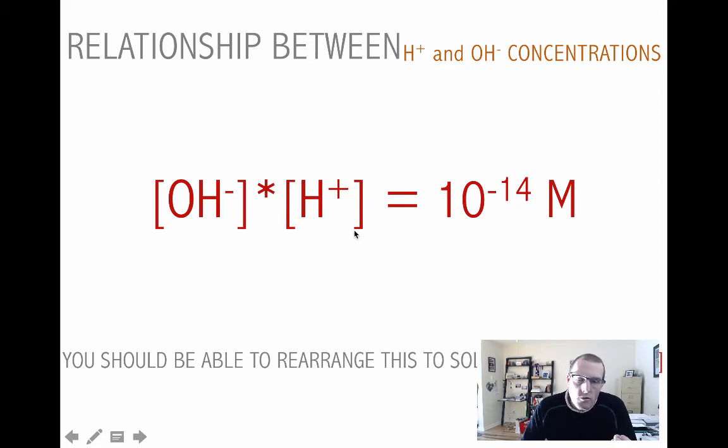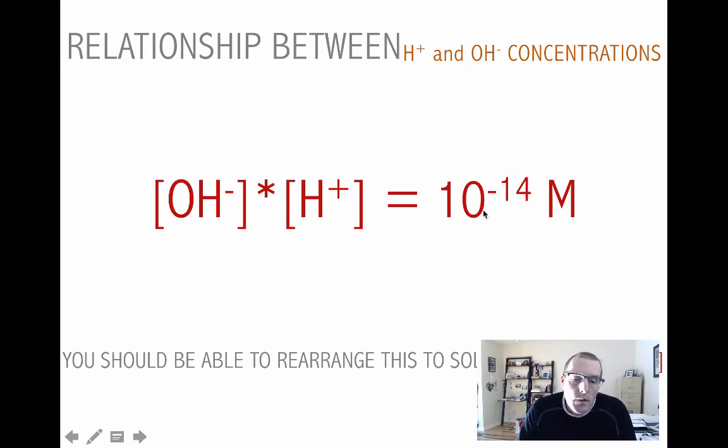If the proton concentration must be 10 to the minus 7 in pure water, and for every single proton you have a hydroxide ion, that means that in pure water the hydroxide ion concentration must also be 10 to the minus 7. So 10 to the minus 7 multiplied by 10 to the minus 7, if you don't believe me, do it on your calculator, is 10 to the minus 14 molar. When you multiply powers of ten, you just simply add the exponents together. So minus 7 plus minus 7 is minus 14.